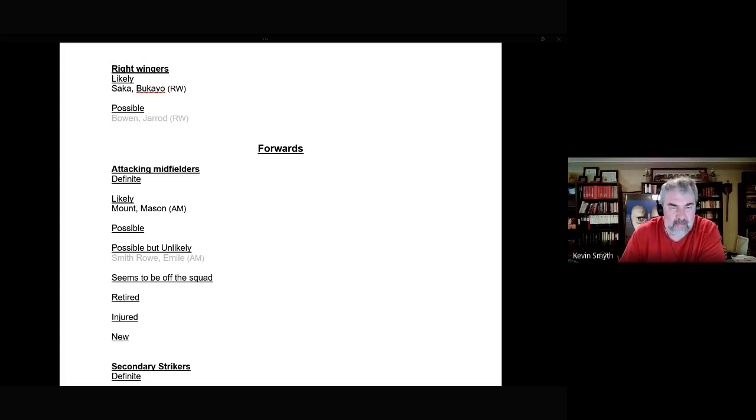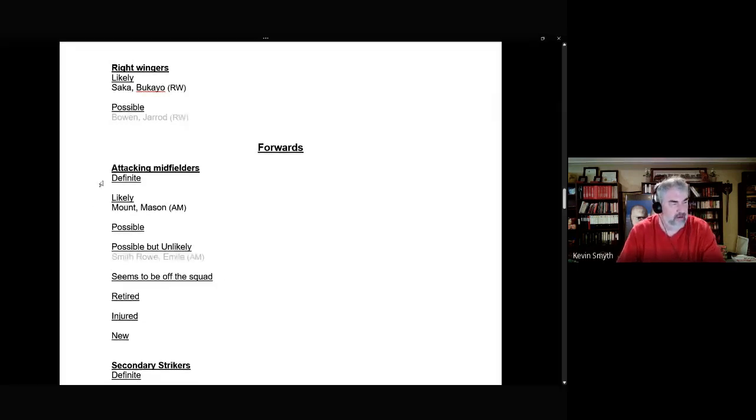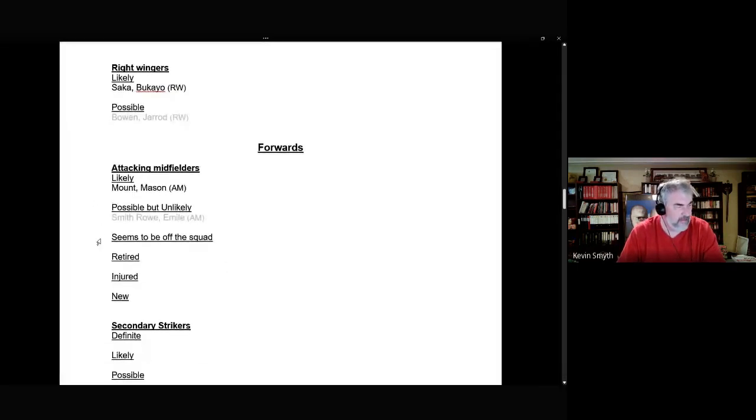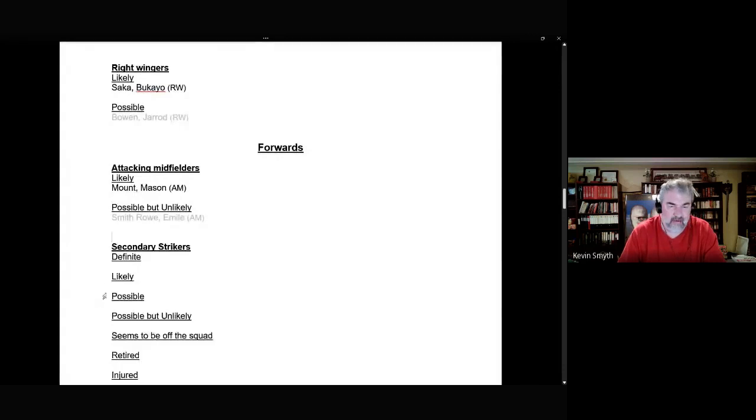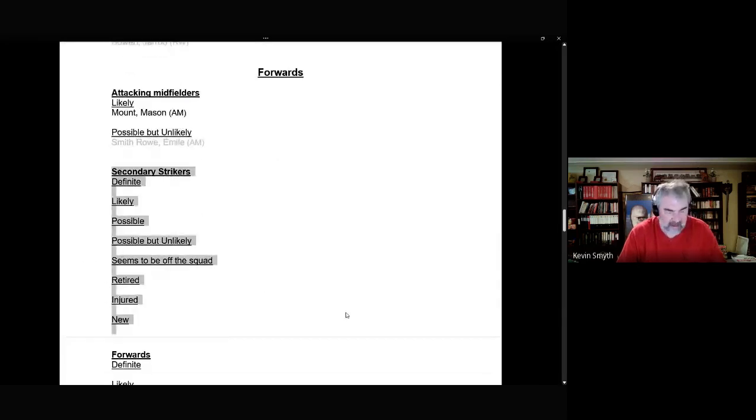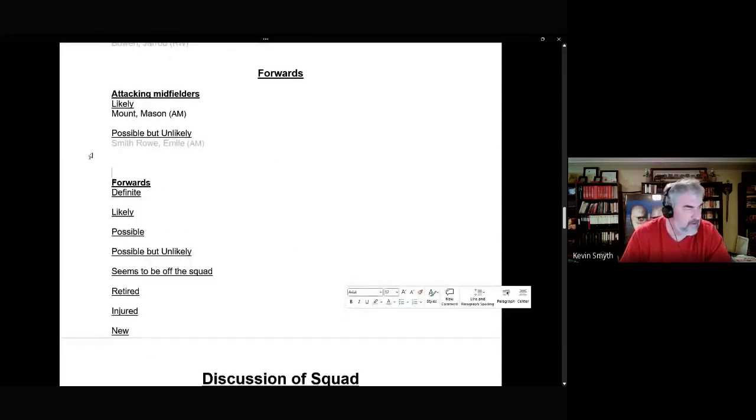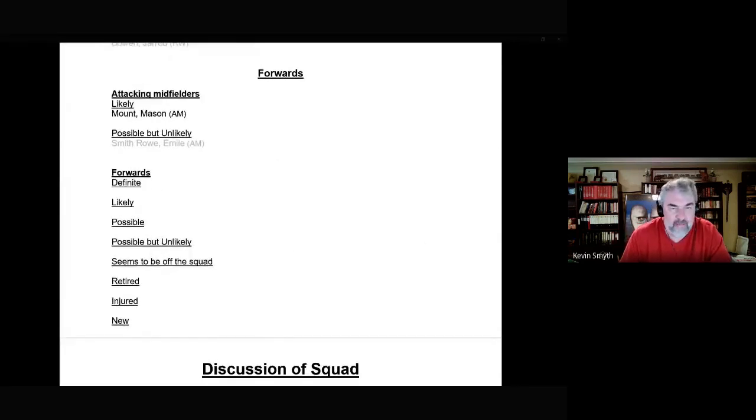Okay, so the attacking midfielder role, in summary of this section, is not often used, and I could include secondary strikers in that, and we don't have any players labelled as secondary strikers for England. But yeah, if you think about it, it's not used often, really only in a 4-2-3-1 formation.